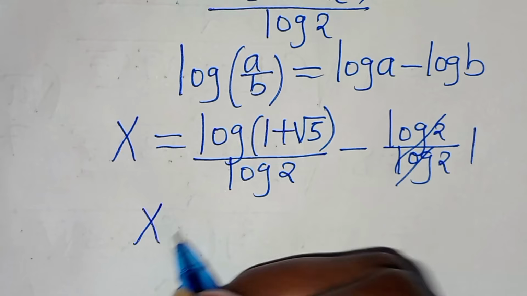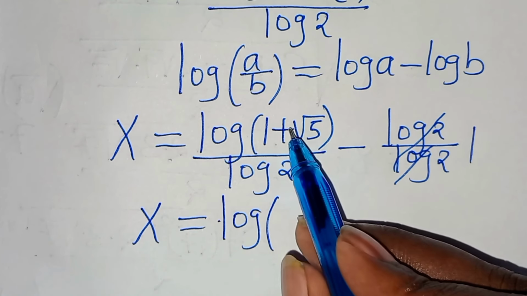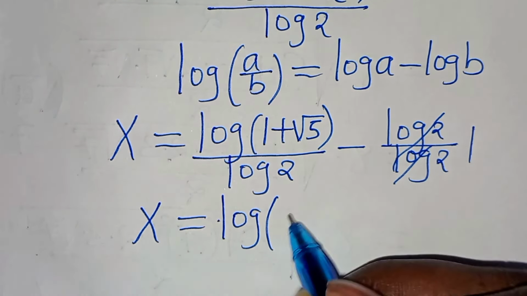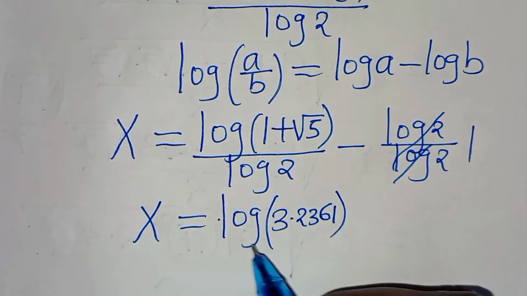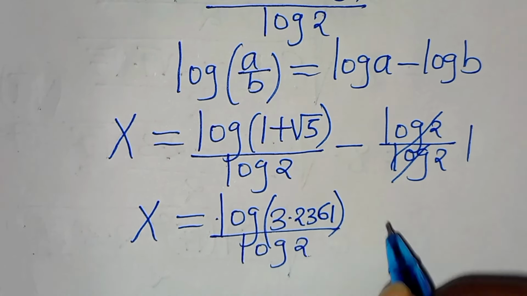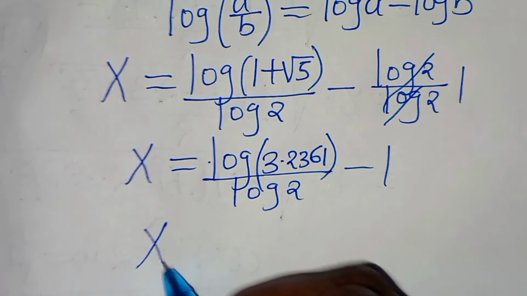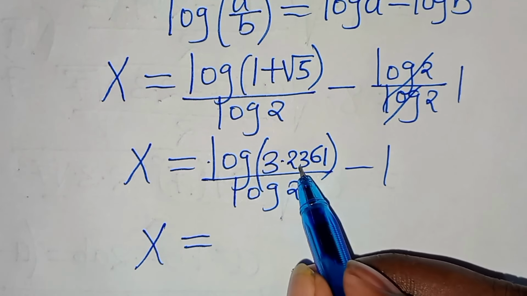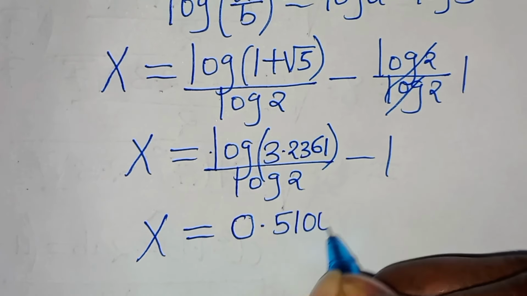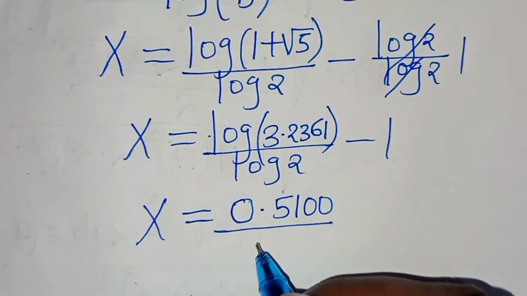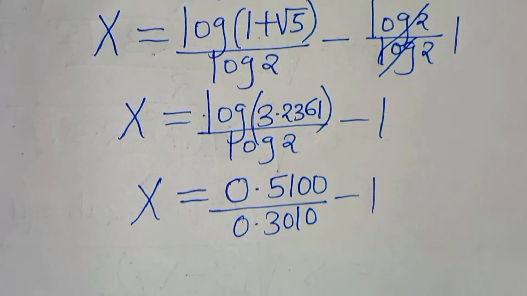So that now we have x is equal to log of (1 plus square root of 5), which is the same thing as 3.2361, divided by log 2, subtract 1. And therefore from here, we have that x is equal to log 3.2361, which is the same thing as 0.5100, divided by log 2, which is 0.301, subtract 1.